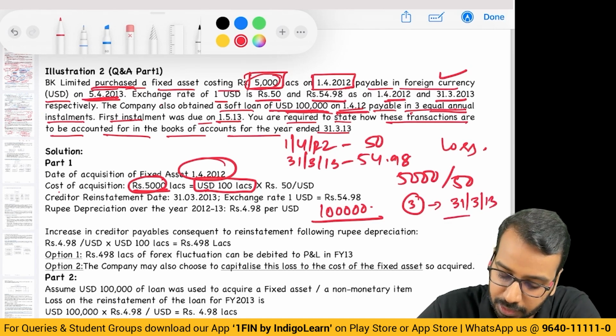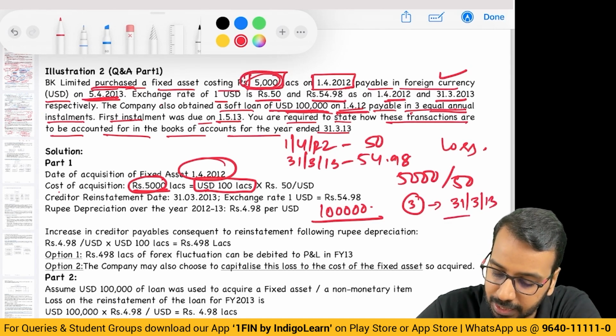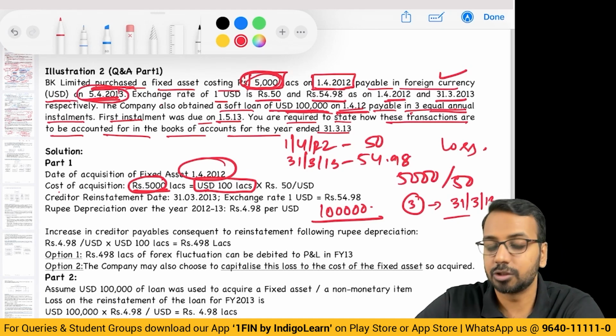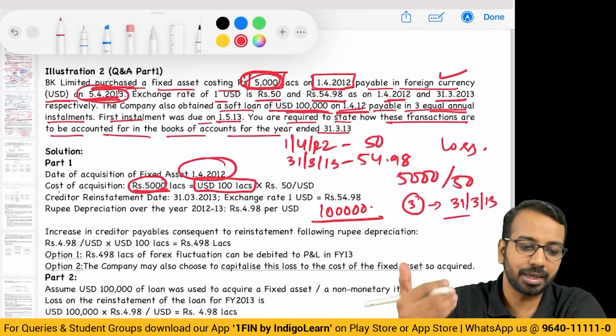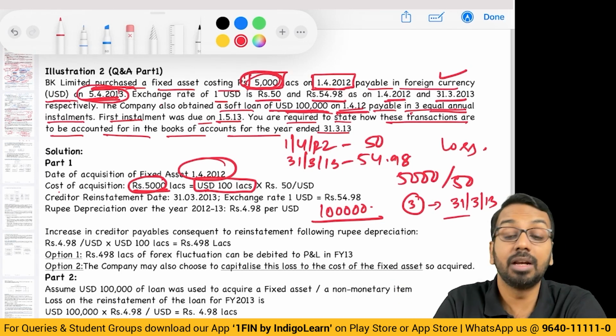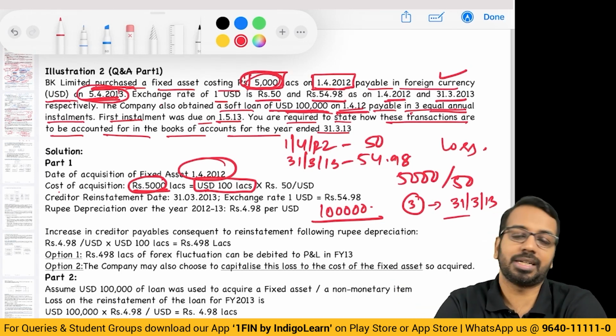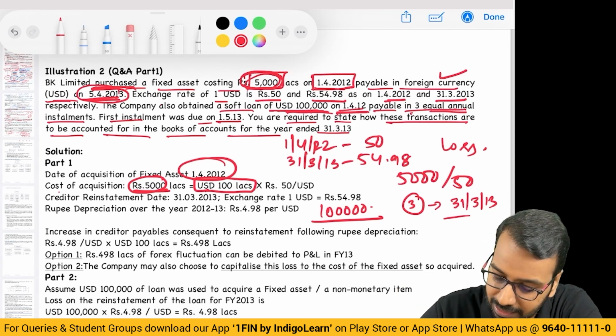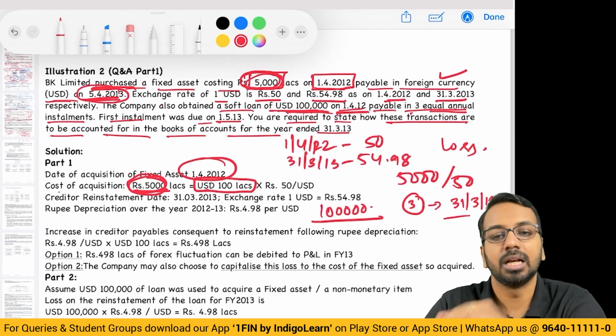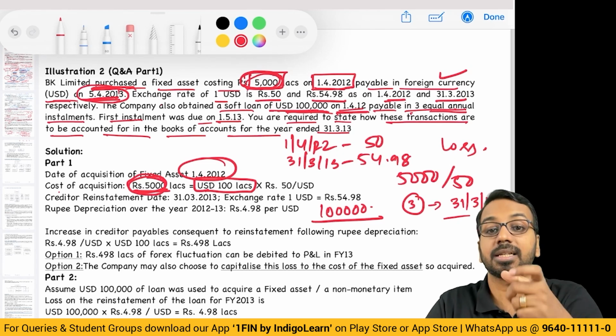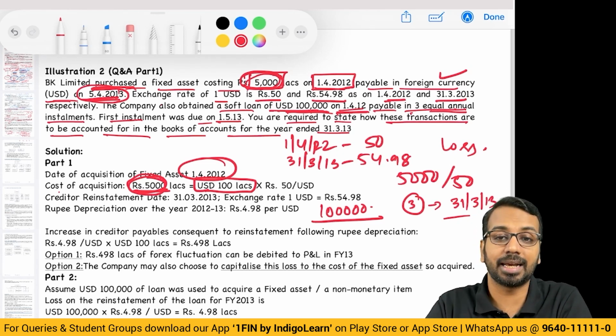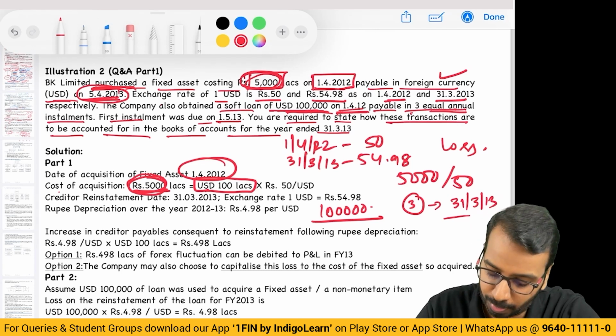And here also, this 5,000 that has been incurred is payable in foreign currency on 5th of April. So here also there is a restatement required, right? And will we restate the fixed asset? We will not restate the fixed asset. So the fixed asset which is recorded at 5,000 lakhs will continue to remain at 5,000 lakhs unless there is a loan which is taken for the purpose of acquisition. Okay.